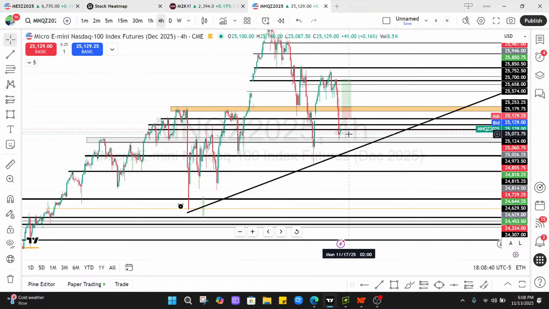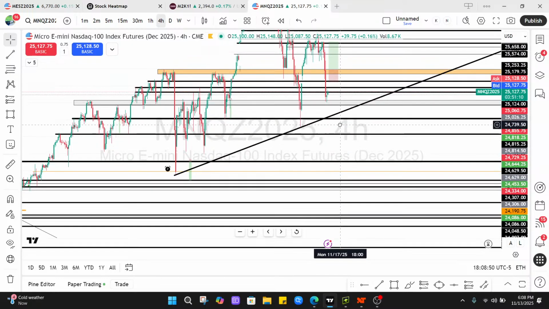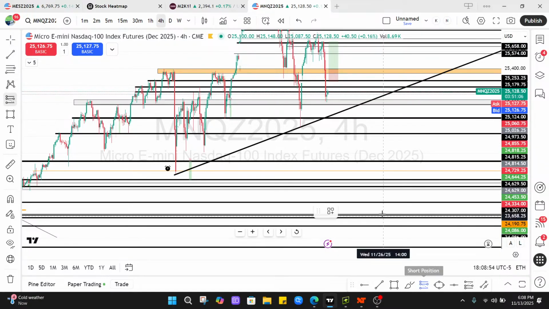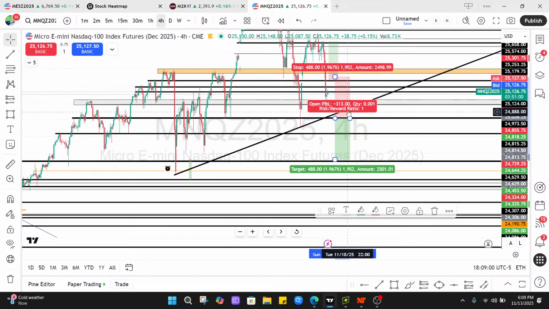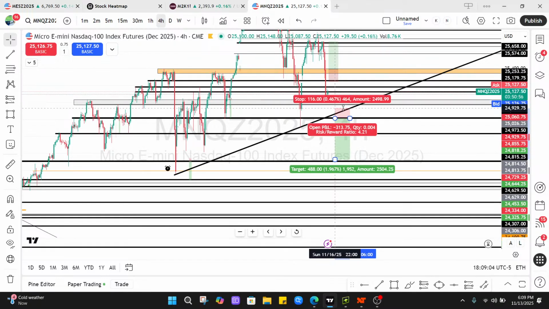And then to the short side, just based off of this trend line, I would love to see it break this 24.8 area. So then the trade to the downside, and this is more of a long-term trade. Once I get into the short-term trades, I'm going to zoom in a little bit more and refine or even add to these trades.